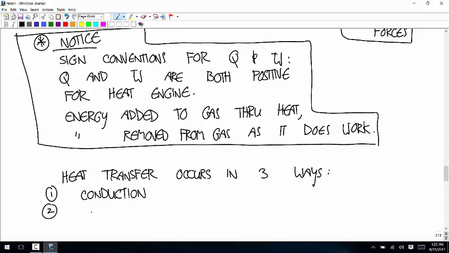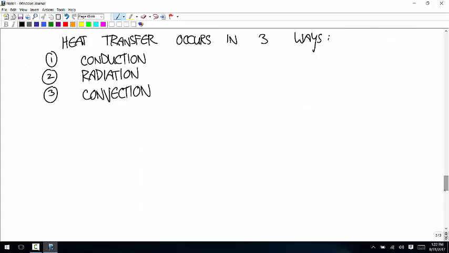What order do I have? Radiation and convection. So I'm going to go through little descriptions of these. There's going to be one equation associated with each one of them. So the first one is conduction.